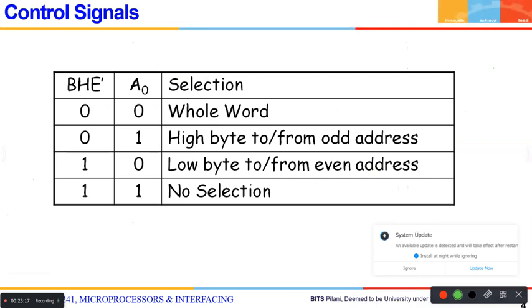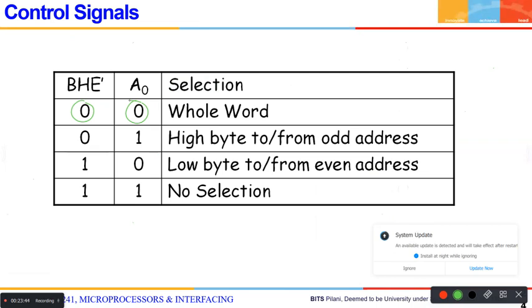Now see, this table is very important. How does the microprocessor get the data? See here, when bus high enable is 0 and A0 is 0, both are 0. That means the microprocessor has to select both the even and odd memory banks.